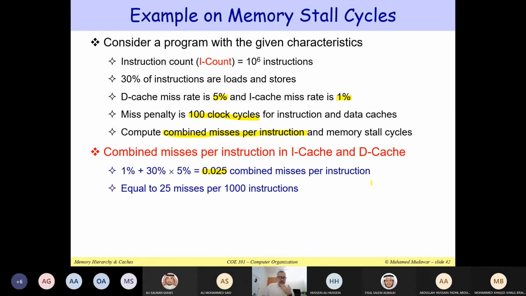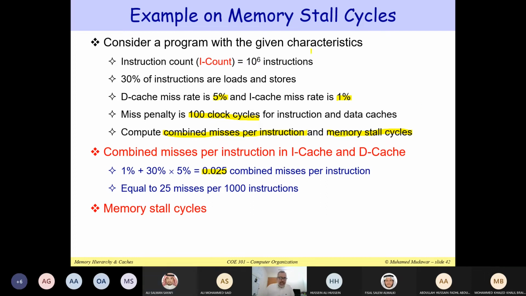Right. So how about the memory stall cycles? We calculated the first part, combined misses per instruction. I also need the memory stall cycles. How do I calculate this? Multiply the combined misses per instruction by 100 clock cycles.